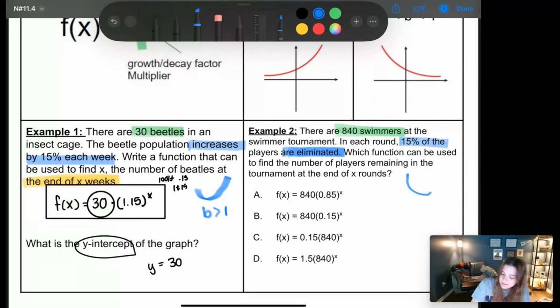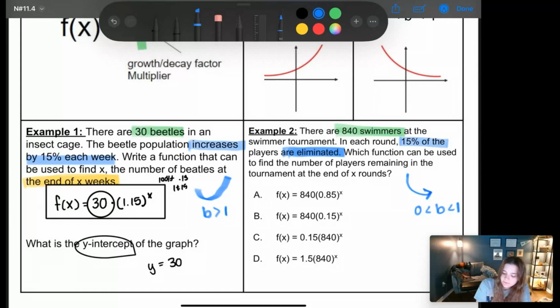Decreasing, right? It's a decrease. So, we have a B that should be greater than 0, but less than 1. Okay.